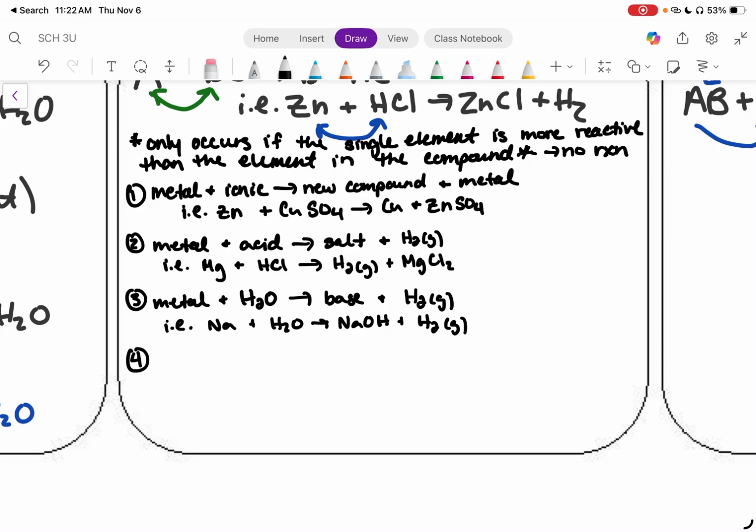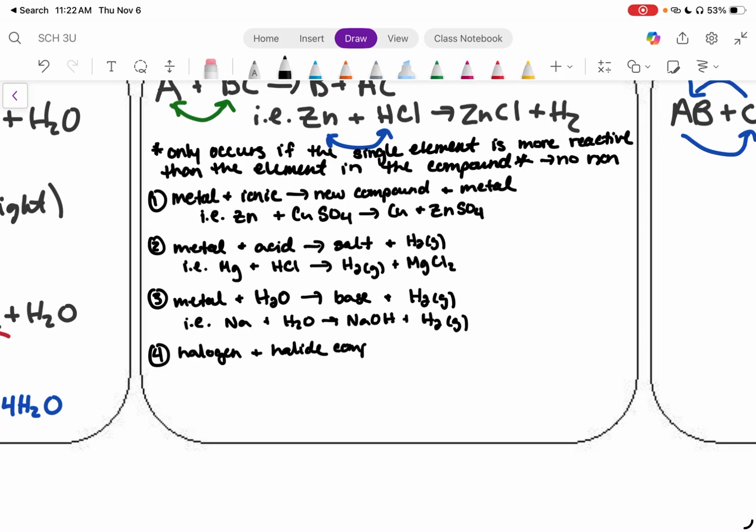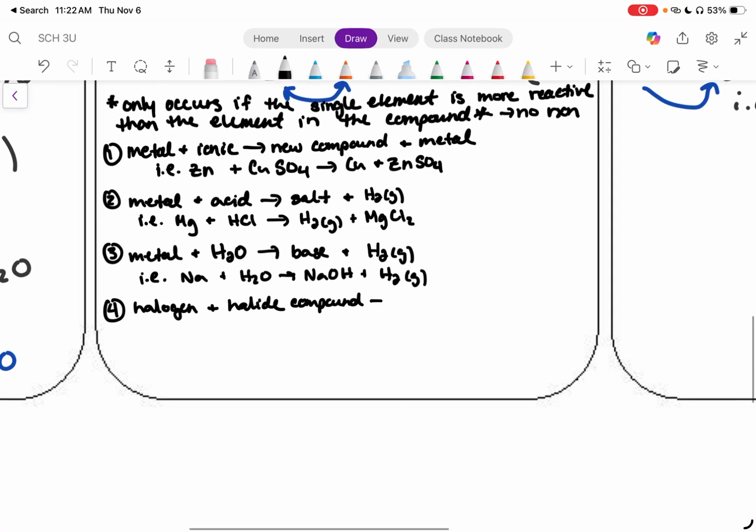Lastly, is if we have a halogen and a halide. This is taking a look at the nonmetals, a halide compound. We will end up with a new halogen and a new halide compound.